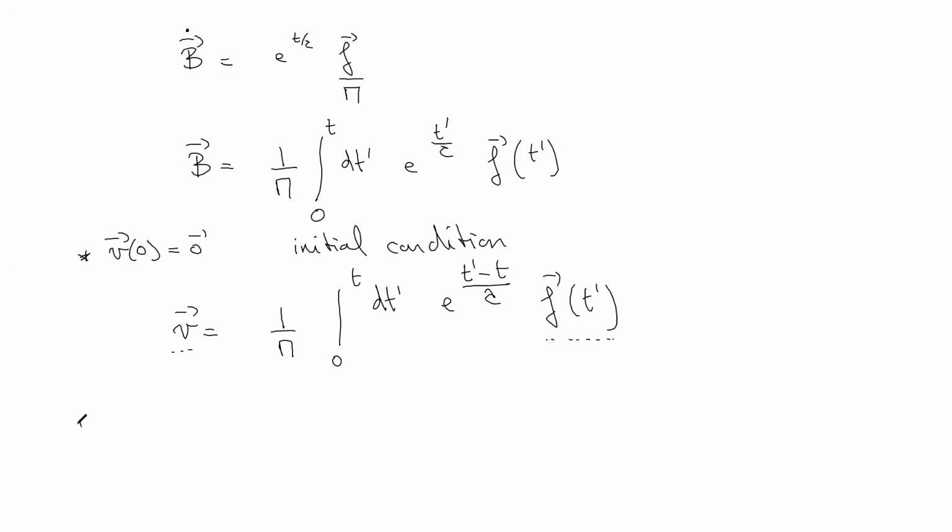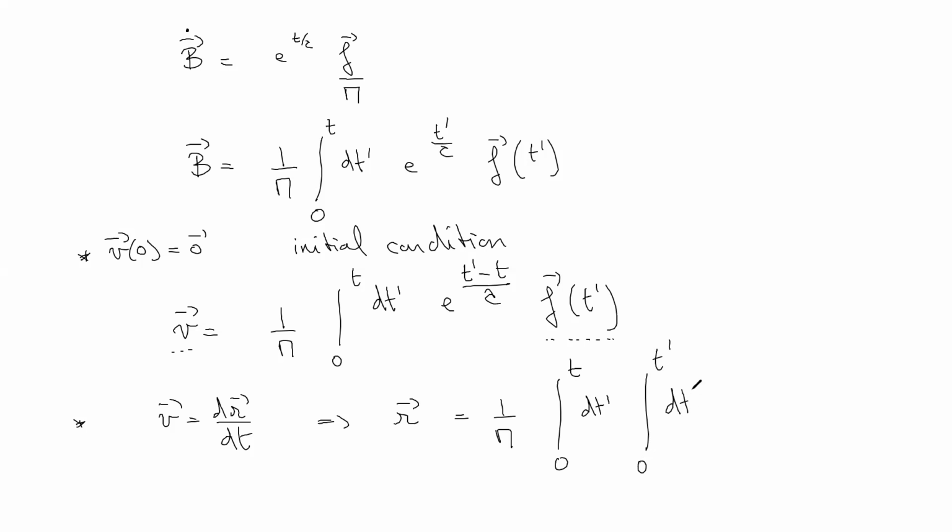So this is for V, and then we want to go to the position, and we have to remember that V is in fact the first derivative in time of the position, and therefore the position will be the integral of that guy, again, 1 over the mass, and then I just shift the variables in the integral.